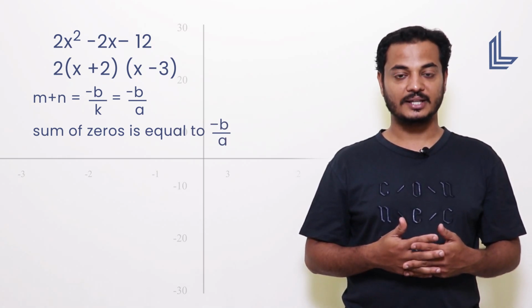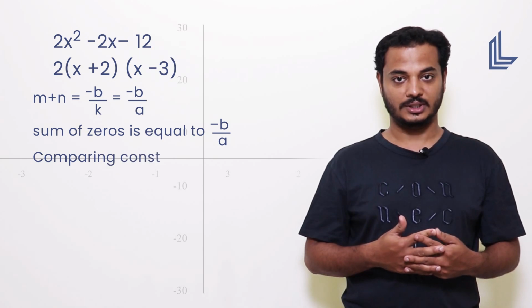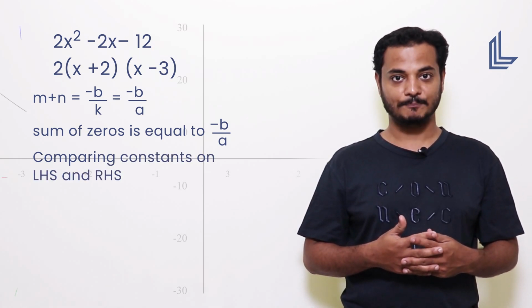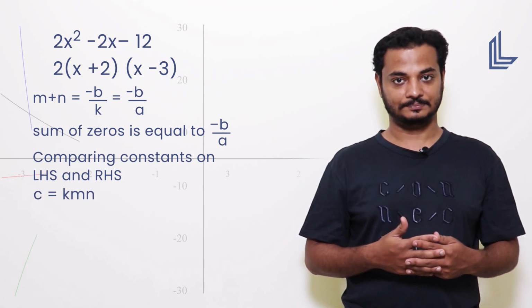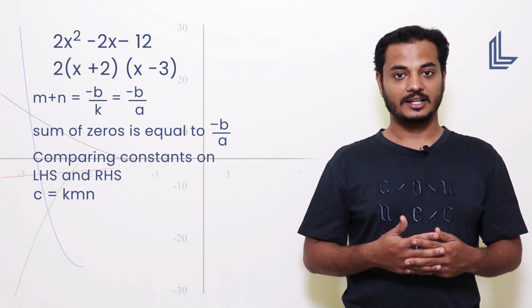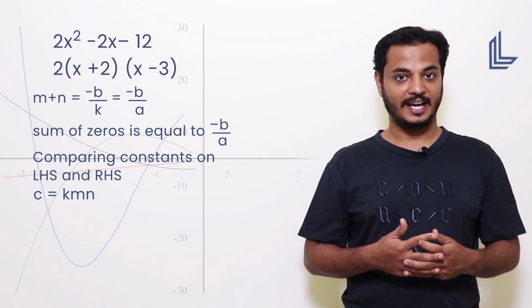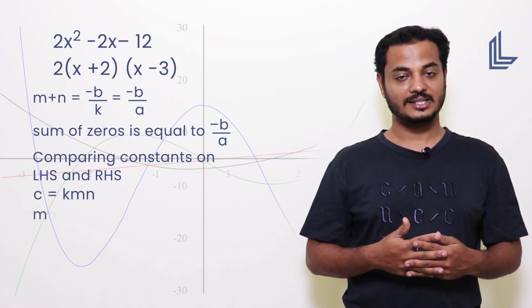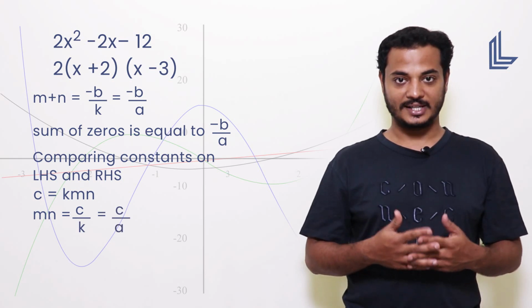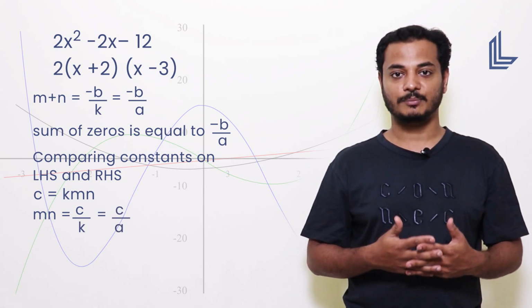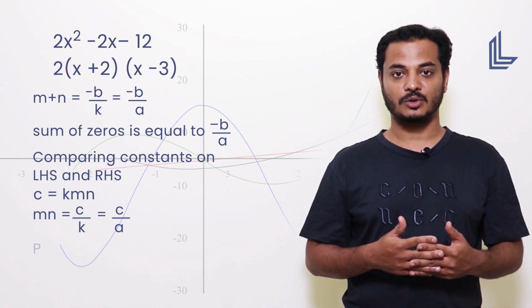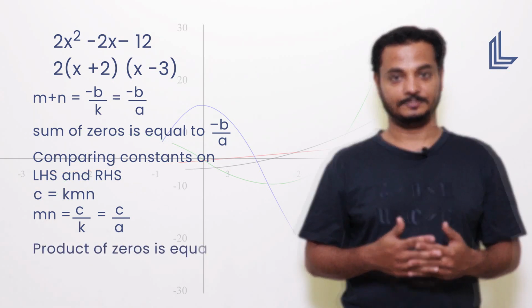Similarly, if you compare the constants on both sides, you will get k into mn equals c. Substituting the value of k as a, you will get mn equals c by a. Now what is mn? mn is nothing but the product of the zeros. So we can say product of zeros is equal to c by a.